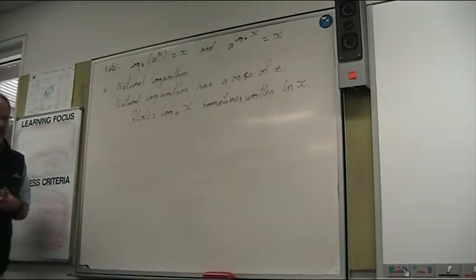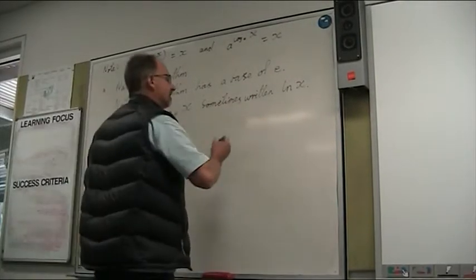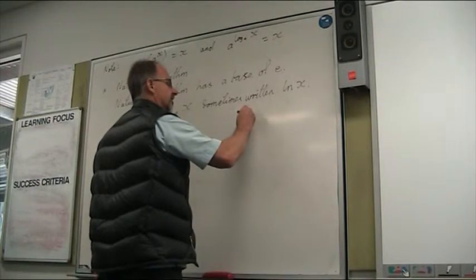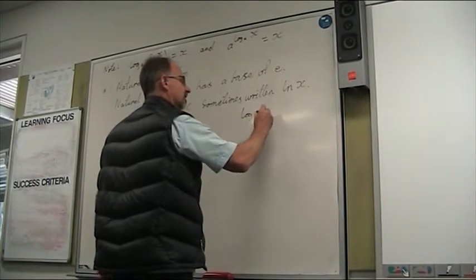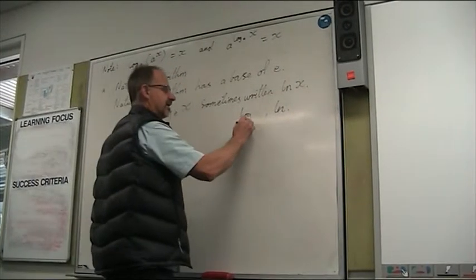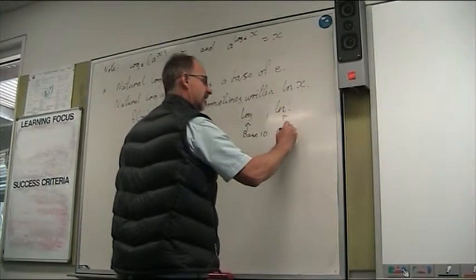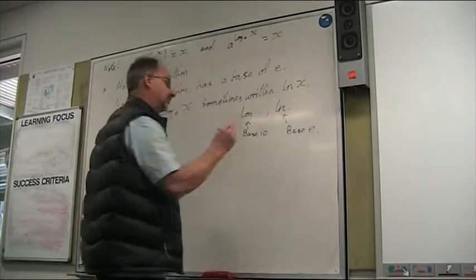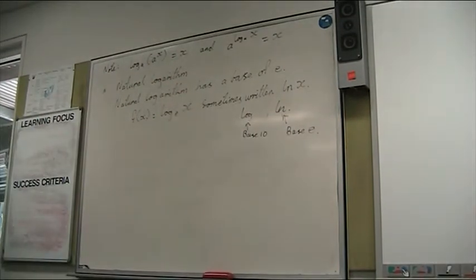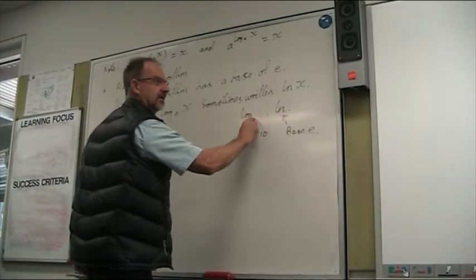Sometimes it's written ln x. So on your calculator, you'll often see log and ln. This one here is base 10, and this one here is base e.